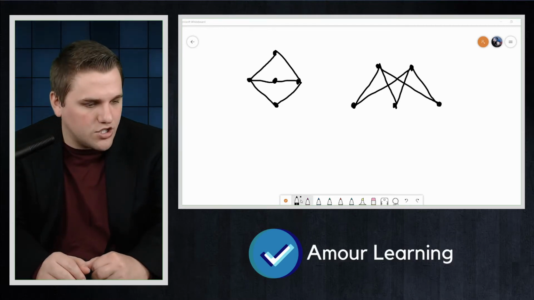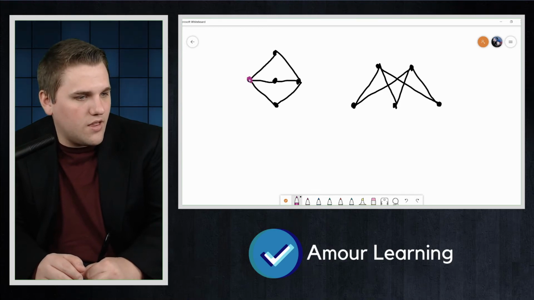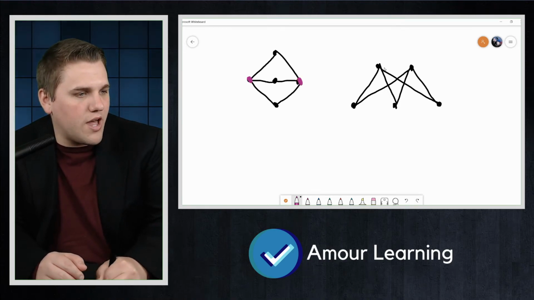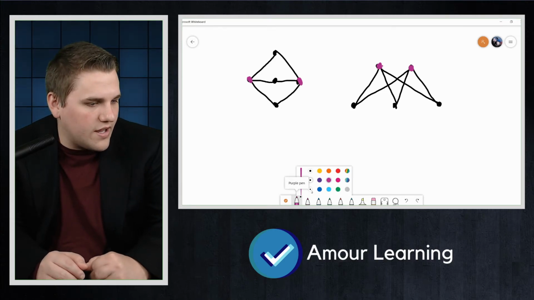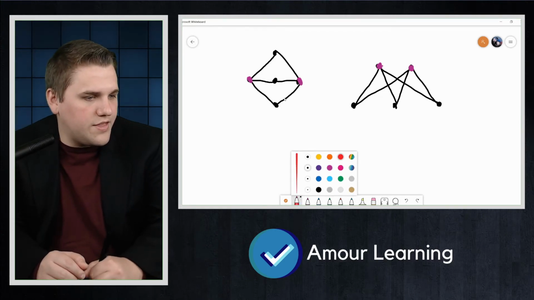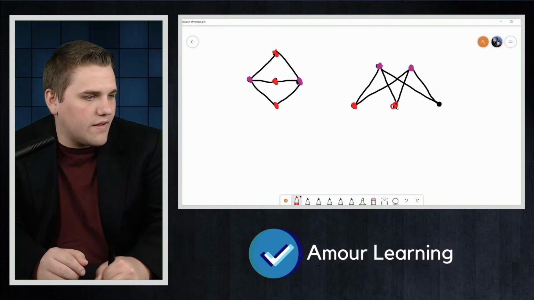Take a look at how we can do this. What if I were to make these two purple and these two purple, and then these three red here, and these three red here.